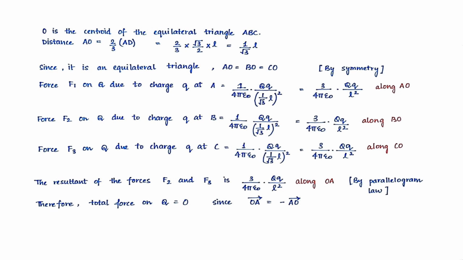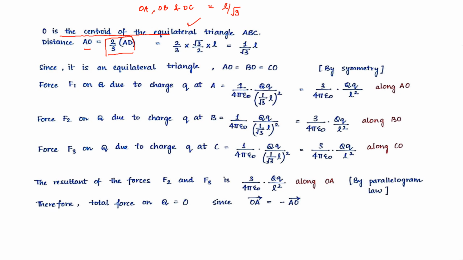Now, see over here, O is the centroid of the equilateral triangle, and we have found the value of OA, OB, and OC. Distance of OA is 2 by 3 times AD. What we have found, the value of this is L by root 3.